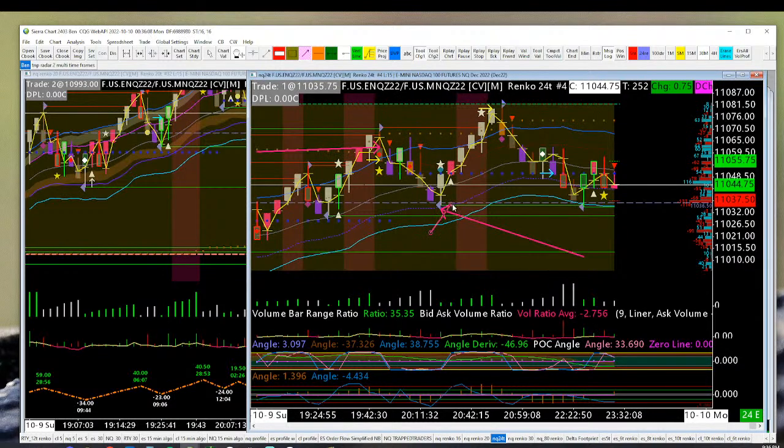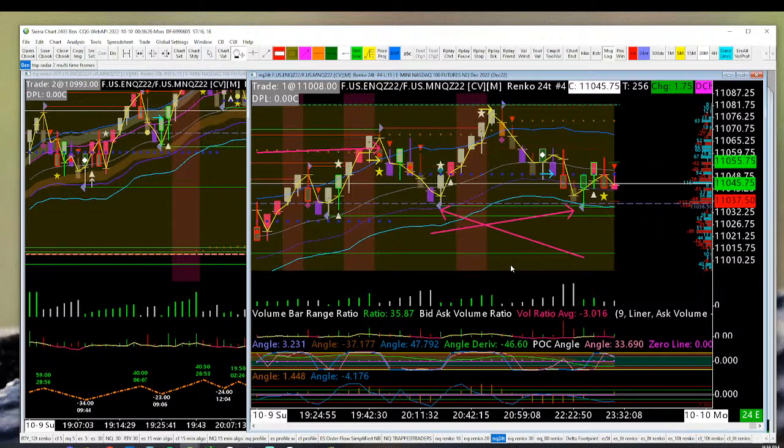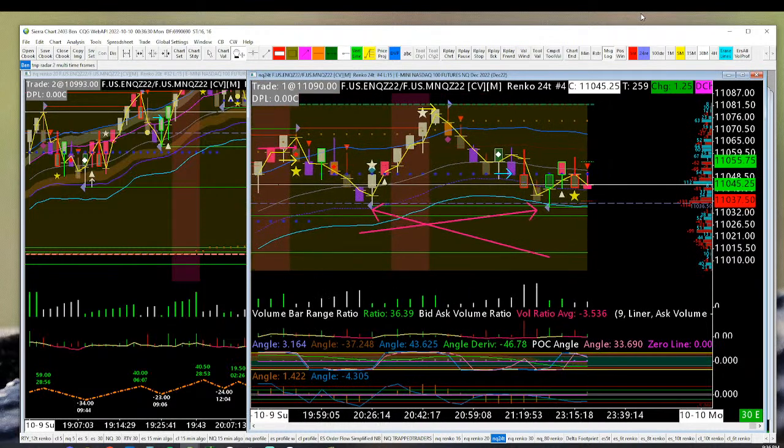But I could immediately be aware of the fact that I wouldn't have to draw this line, and I would know as soon as I saw this coming in here that we're approaching a pivot, and I would know even though it's only by a tick, it's very clear that the low is broken there, and so if I was looking long here, that would be a valid long, right? And I don't have to do any drawing. I can just zoom in right here.